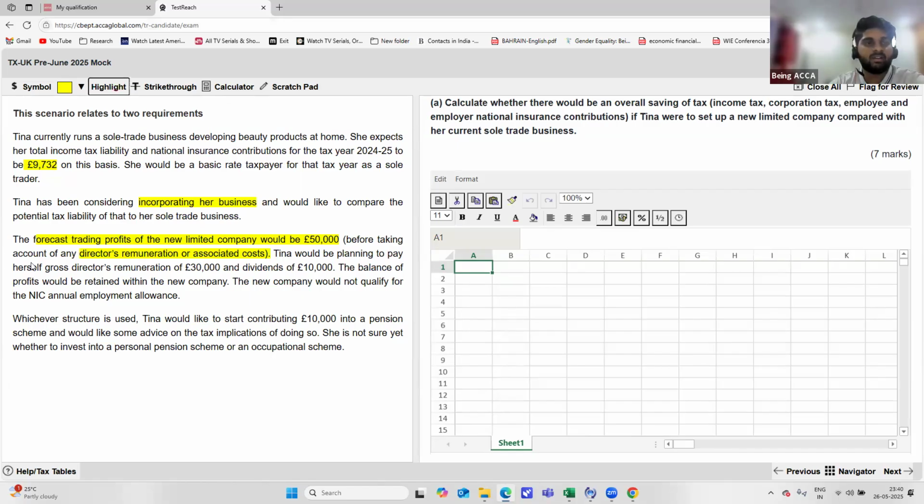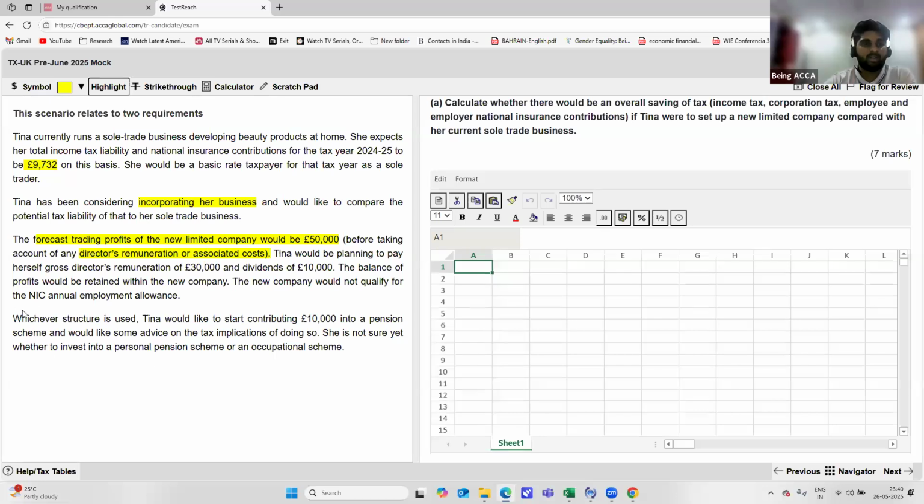Tina plans to pay herself gross director's remuneration of 30,000 and dividends of 10,000. The balance of profits would be retained in the new company. The new company would not qualify for the NIC annual employment allowance.